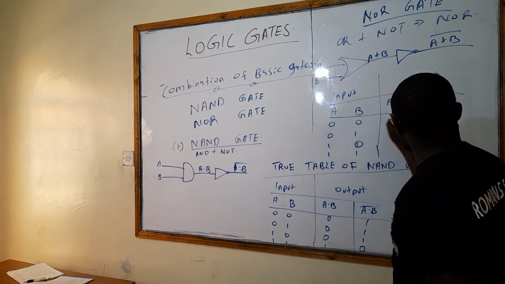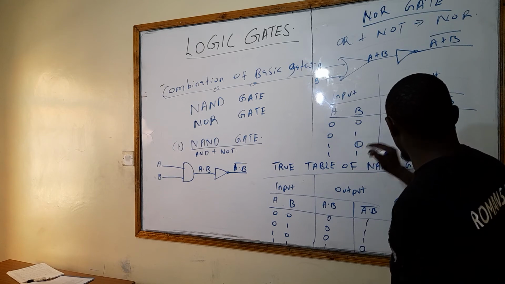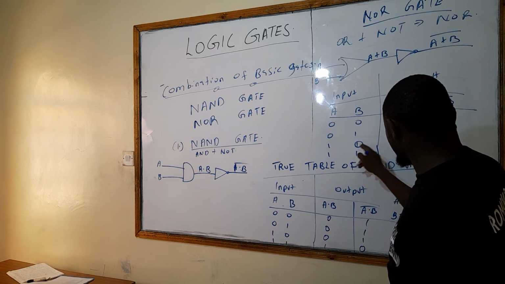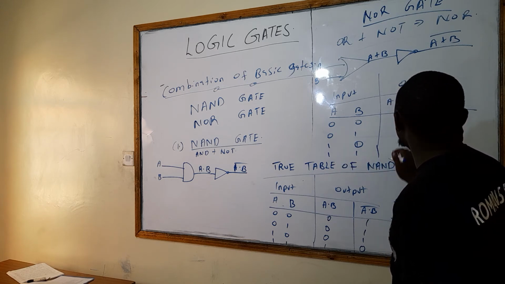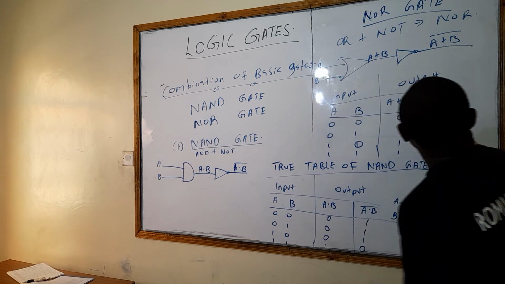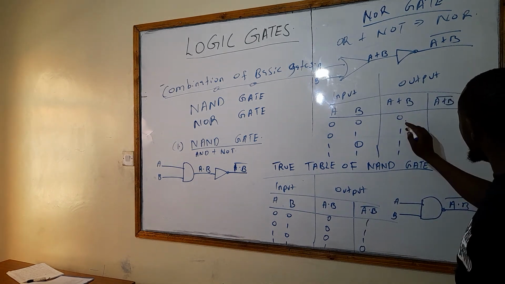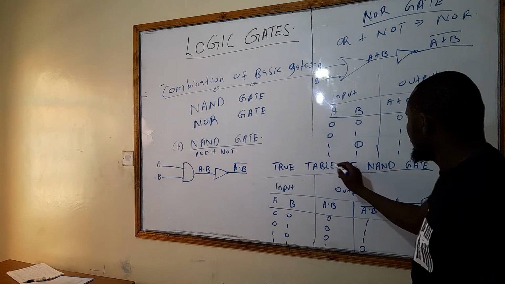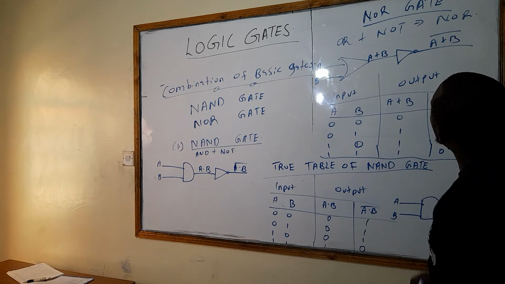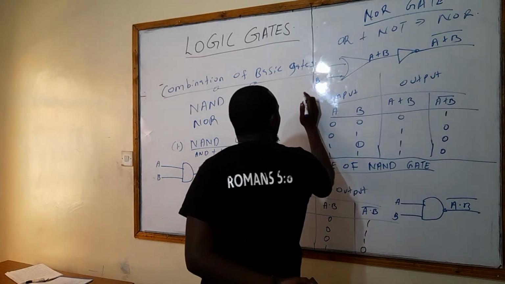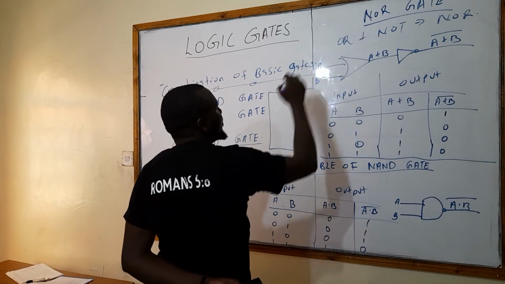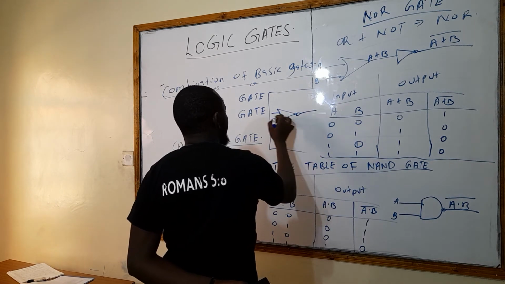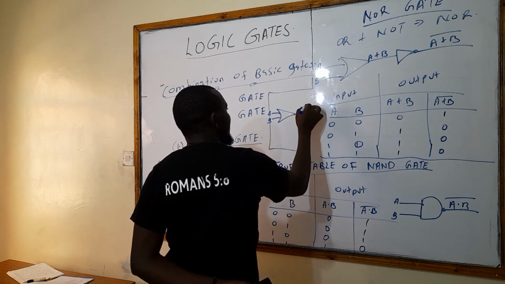Now, when we have 0,0, in an OR gate we are going to have 0, 1, 1, 1. But when it passes through a NOT gate, this one is 1, 0, 0, 0. So this one is a NOR gate. Let's draw the symbol of a NOR gate here. The symbol of a NOR gate is drawn like this. This one is A, this one is B, and the output is A plus B bar.